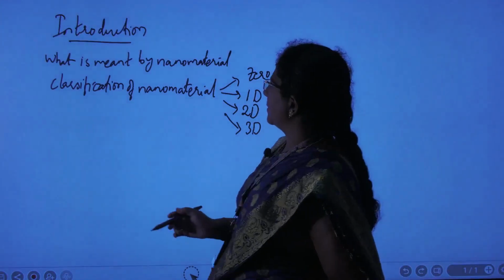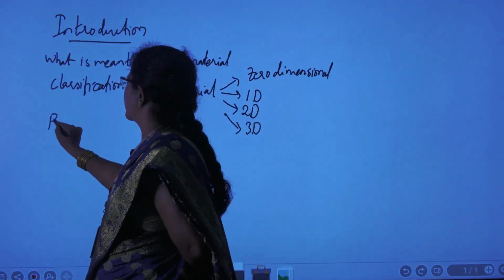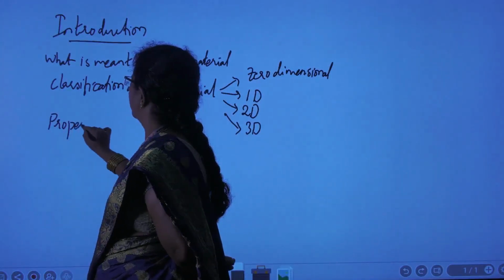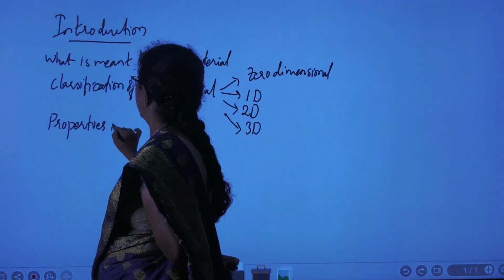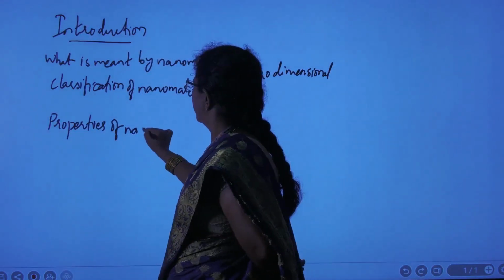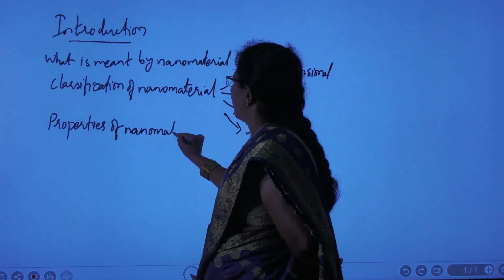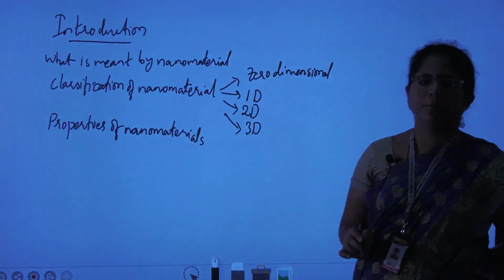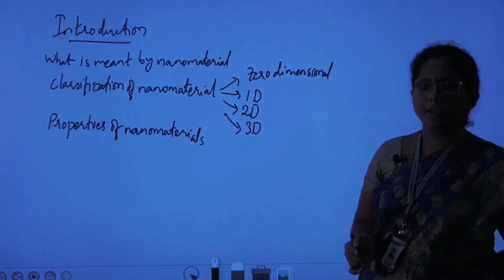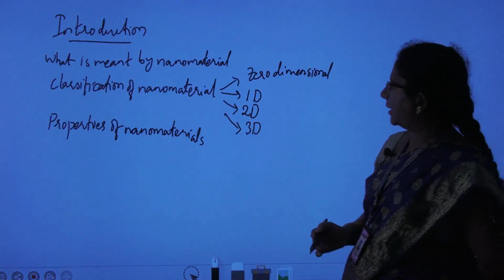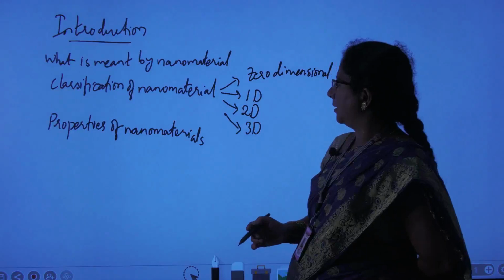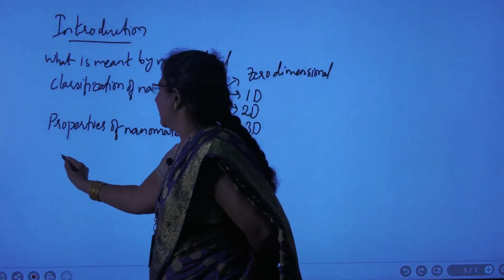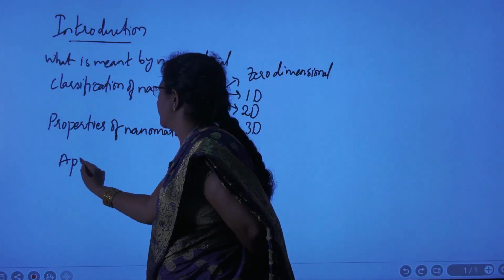After that, we have discussed the various properties of nanomaterials. The properties discussed were physical, chemical, magnetic, electrical, and mechanical properties. And next we have discussed the approaches of nanomaterials.